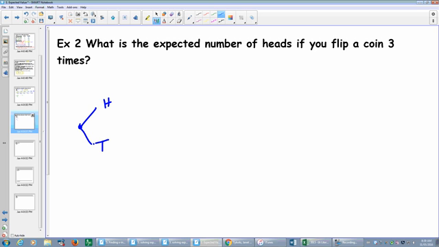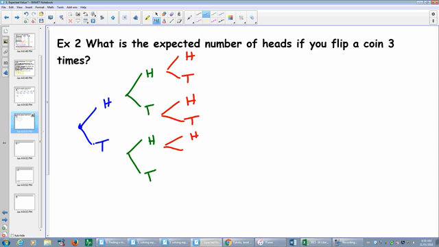On my second flip, again, I can flip a head or a tail. On my third flip, again, heads or tails, heads or tails, heads or tails, heads or tails.